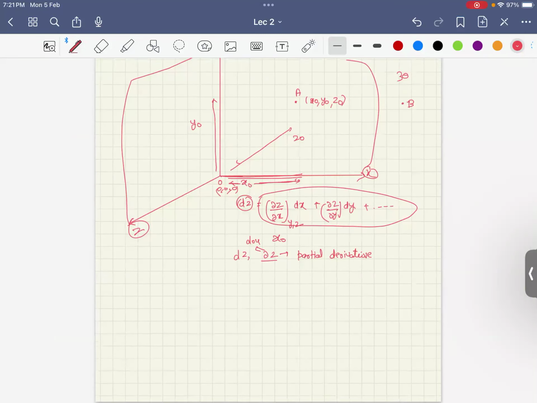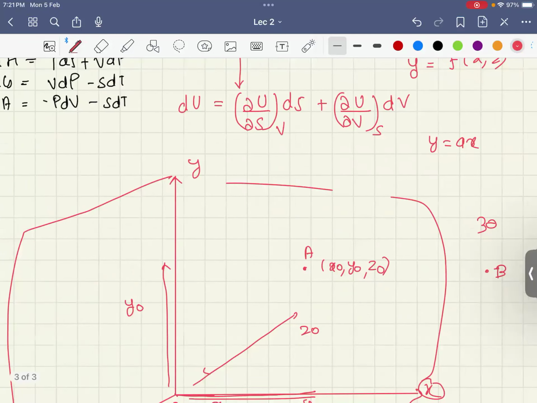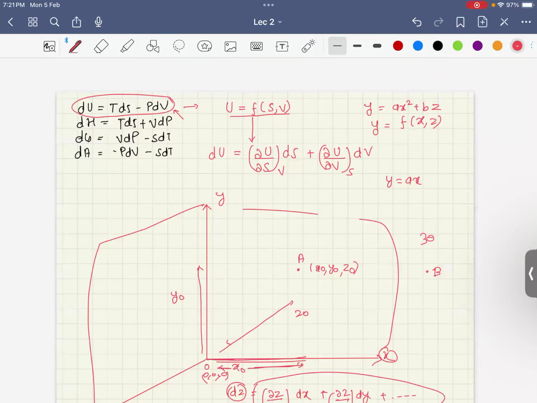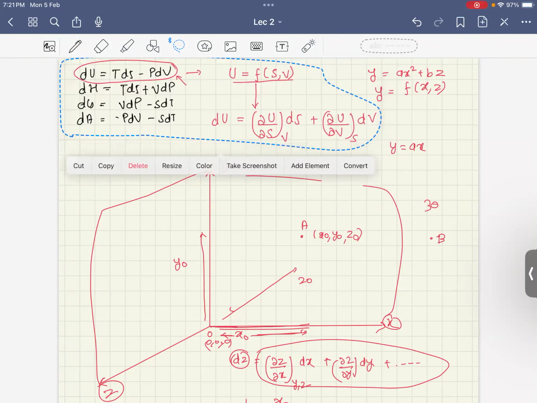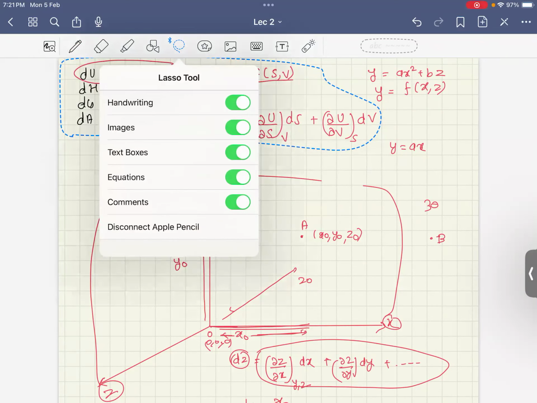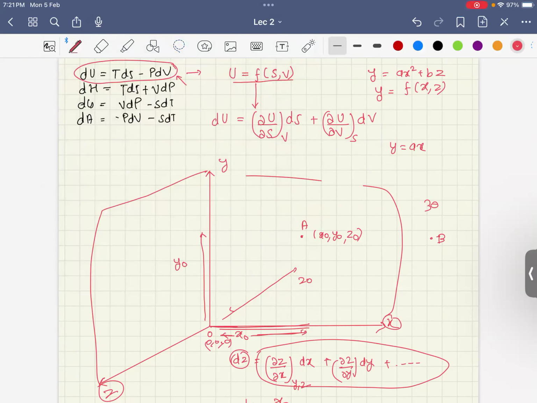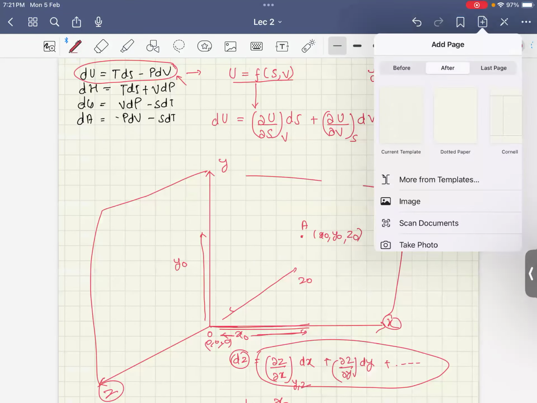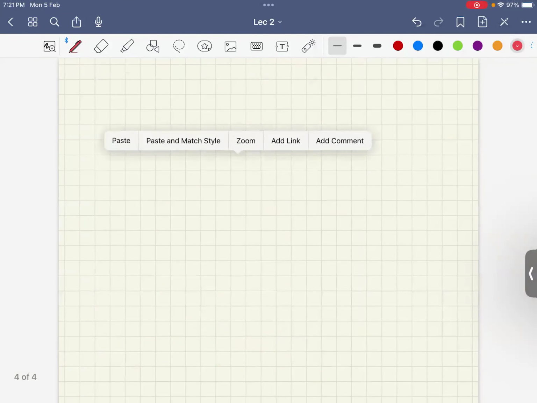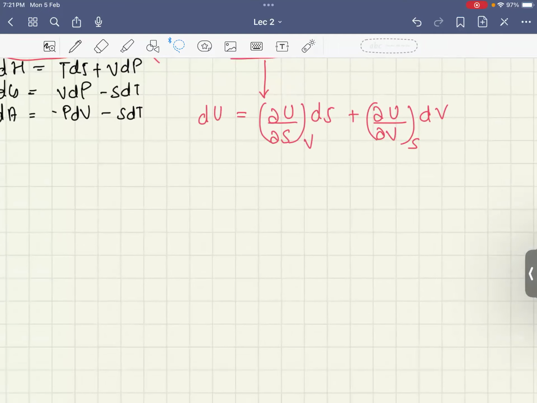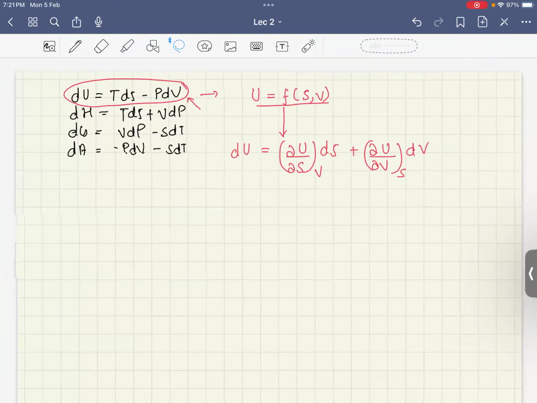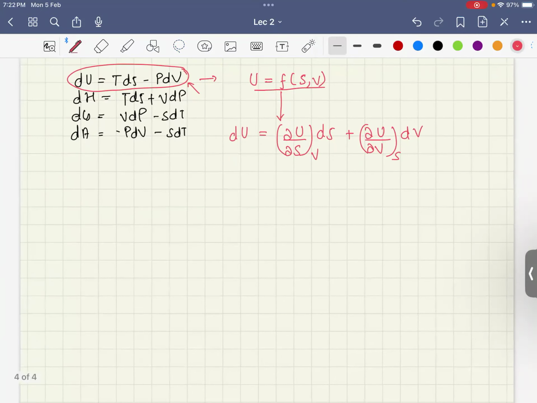So now let us move back to this again. Let me copy this and go on to the new slide. Now you understand there is a difference. For thermodynamic properties, let us assume that u is a function of some variables.